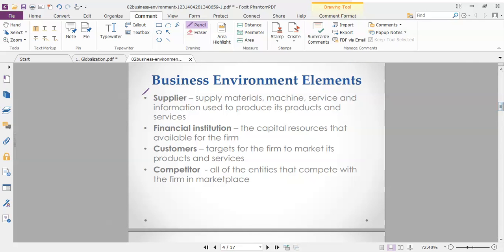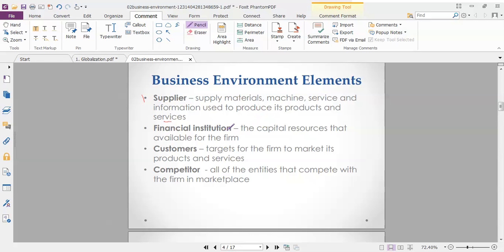The first one is supplier, who supplies the materials, product, machine, service, and information used to produce its products and services. If you want to open a business store for handphones, you need to get the handphones from the supplier.